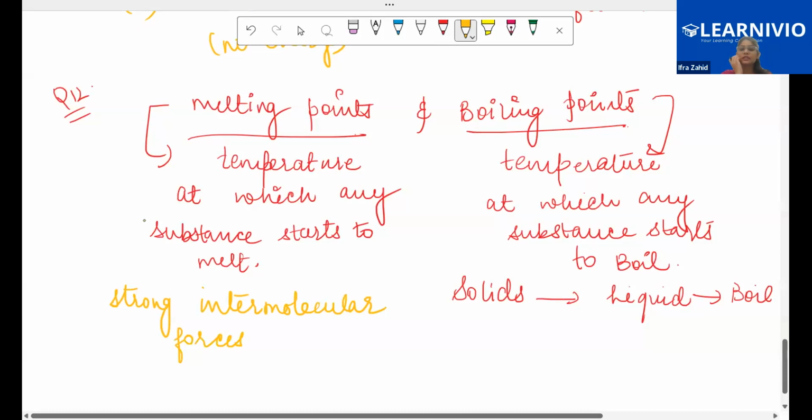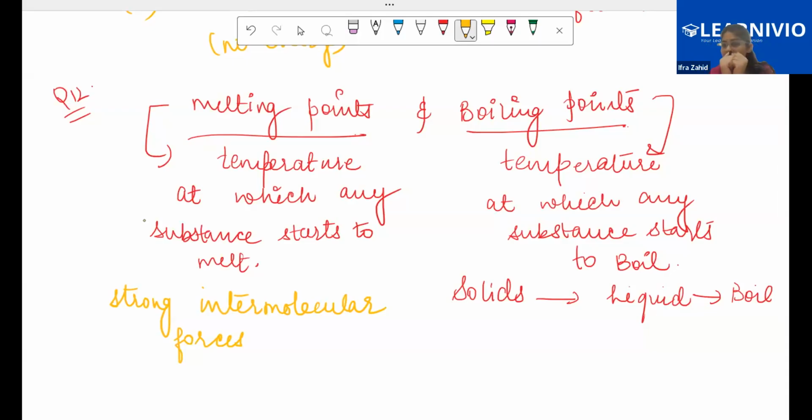We discussed it earlier that the particles of solids are very compactly packed, very closely packed, right? When you place something very close, the force of attraction between the particles is very high. That is why they are attracted to each other so much. Because the force of attraction is high, the stronger the glue, the more energy you'll apply to separate it, right?